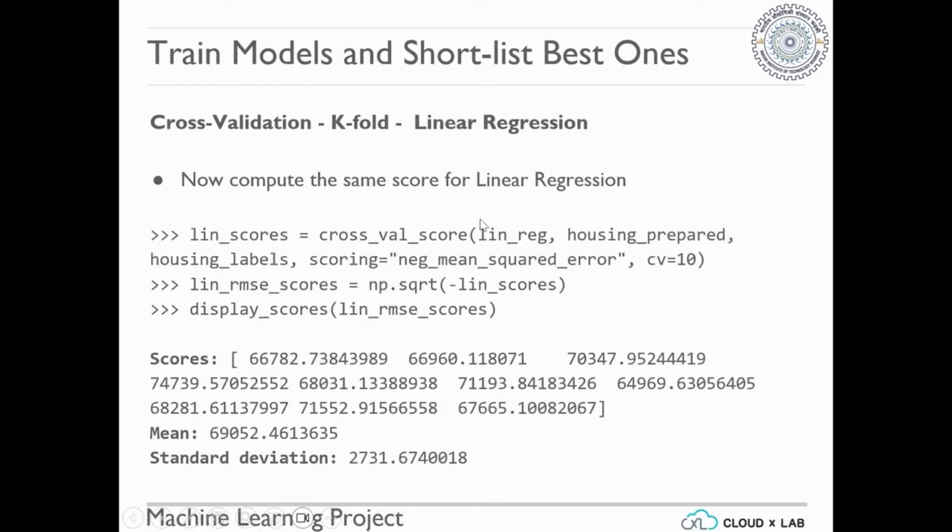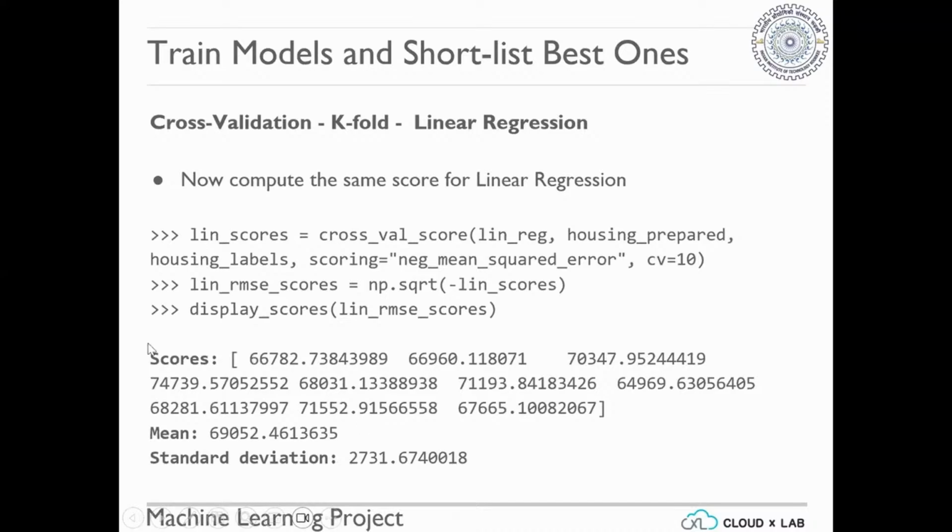So now we are passing here the linear regression model, the training data, the corresponding output label, and again the same error metric, negative mean squared error, and again we are doing 10-fold cross validation, CV equal to 10.